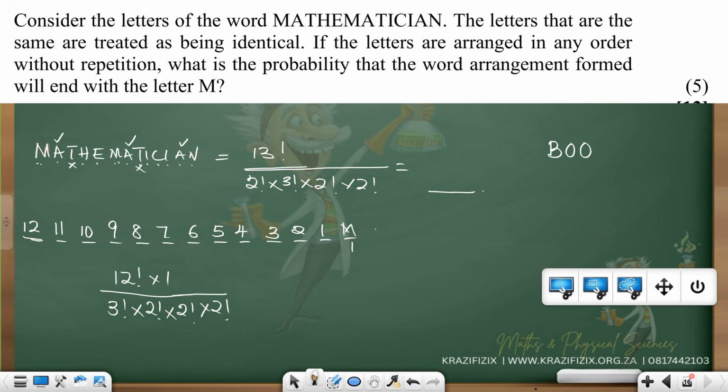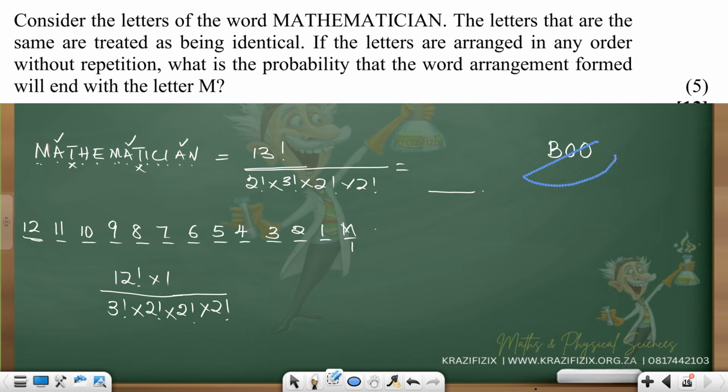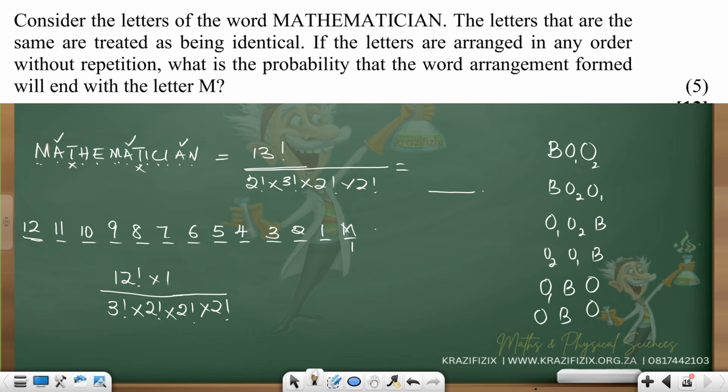I can show you the meaning of that denominator quickly. I like doing this when I start. Okay, let's look at BOO. Give me other arrangement. BO2, O1, right? Then what do we have? O1, O2B. O2, O1B. What's next? OBO. OBO. 1, 2, 2, 1. I should have 6. Right? If they are different.